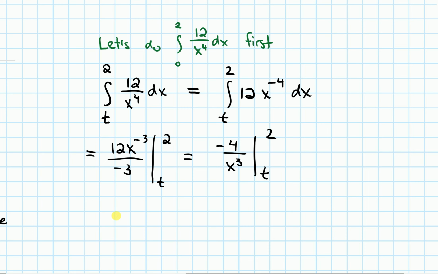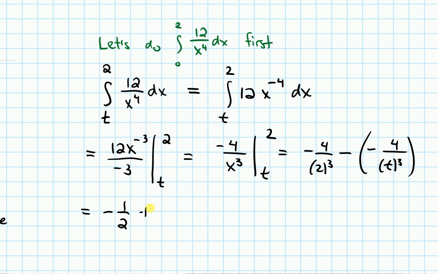Now if I first plug in 2, I get -4 over 2 cubed, minus, when I plug in t, -4 over t cubed. The first fraction is -4 over 8, which is -1/2.